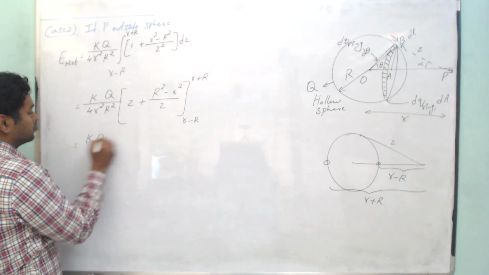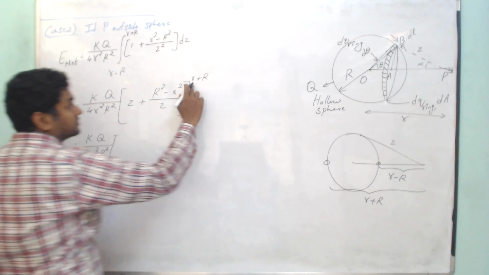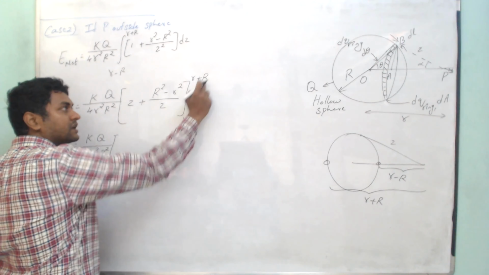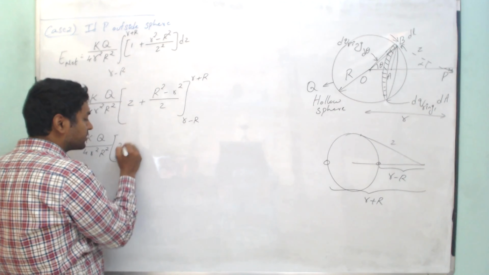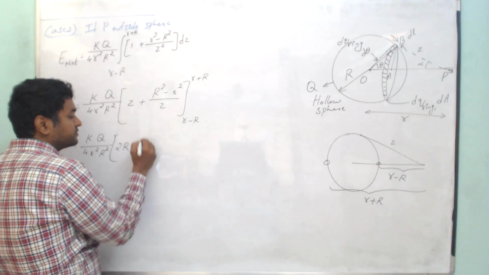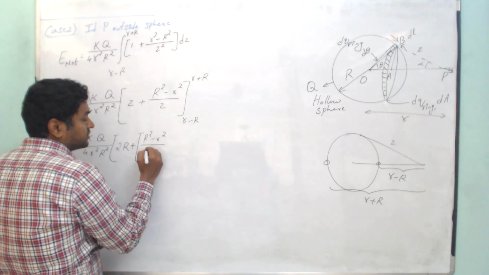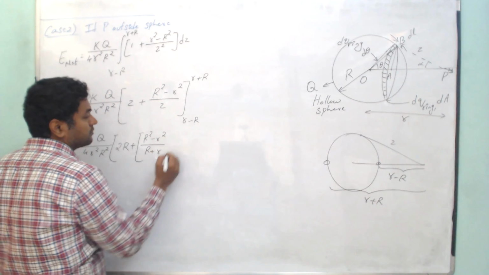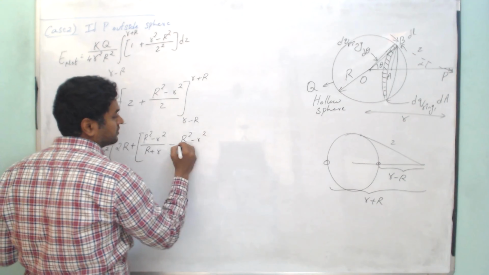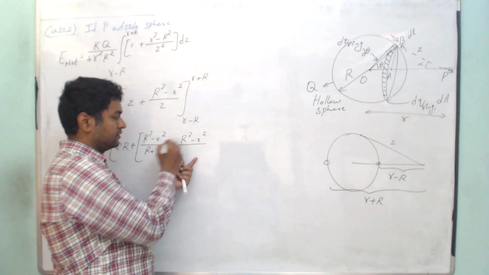So KQ by 4 r square and upper limit minus lower limit. Small r will cancel, capital R will add. I'll have 2R. Can you see that? This minus this. And these limits I will just write for our understanding: r square minus R square divided by r plus R, minus the same divided by r minus R. I'll write this as plus.